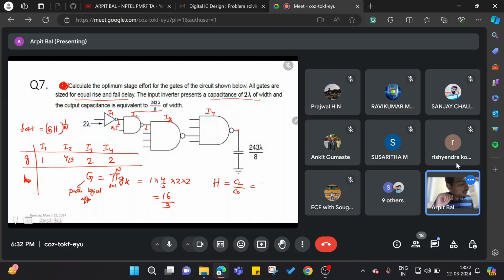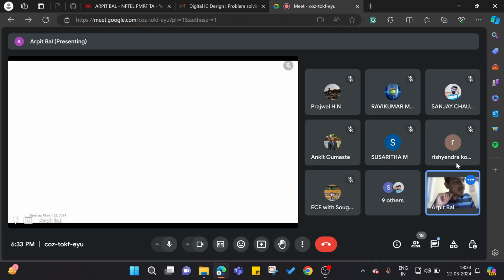So that will be 243 lambda by 8 divided by C0, that is 2 lambda. So our GH becomes 16 by 3 into 243 by 8 into 16.